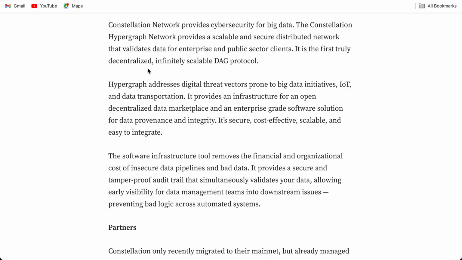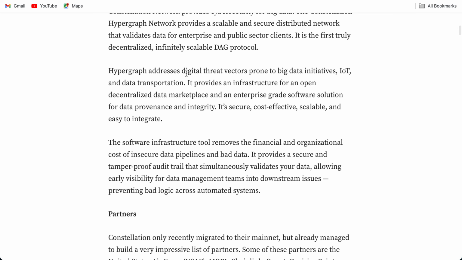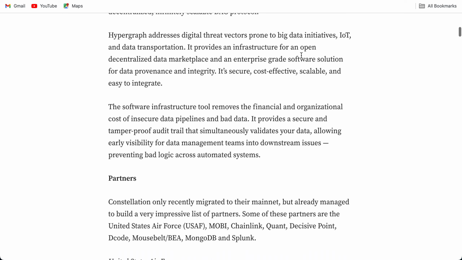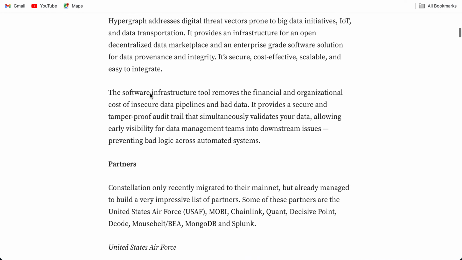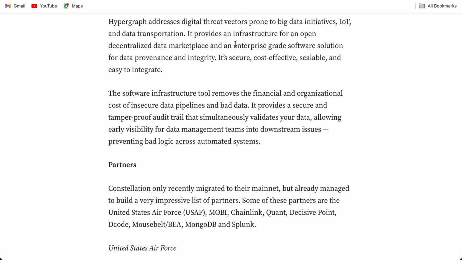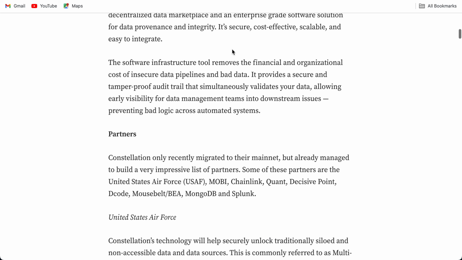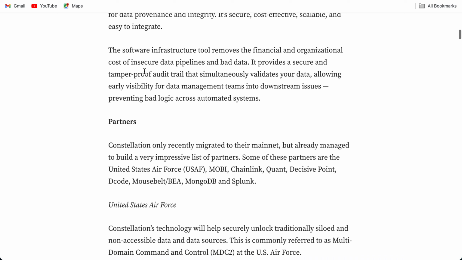It is the first truly decentralized, infinitely scalable DAG protocol. Hypergraph addresses digital threat vectors prone to big data initiatives, Internet of Things, and data transportation. It provides an infrastructure for an open, decentralized data marketplace and an enterprise-grade software solution for data provenance and integrity. It is secure, cost-effective, scalable, and easy to integrate.